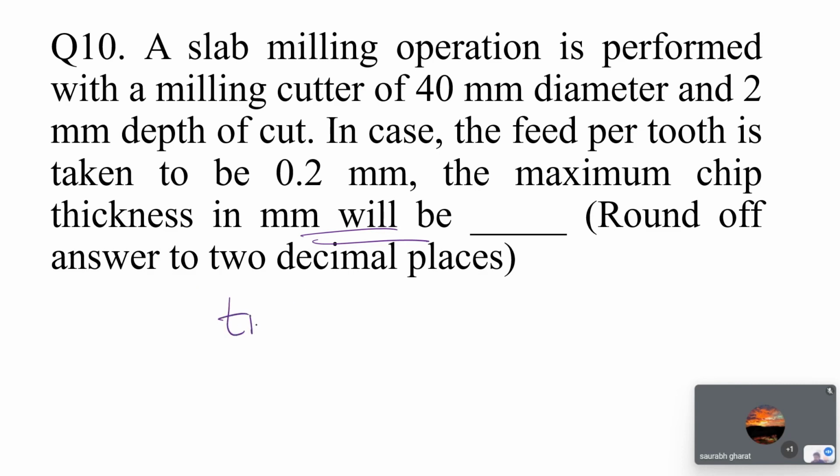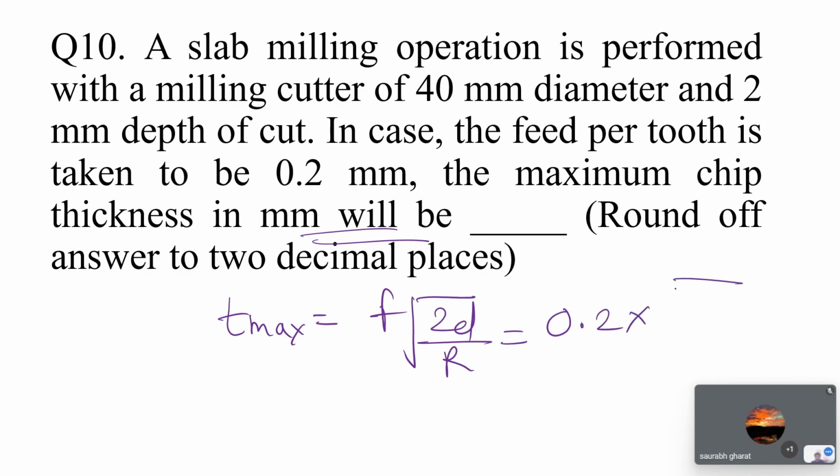T max is equal to F into the square root of D divided by R. You know F is given, 0.2, into the depth of cut, which is 2, divided by R, and with a diameter of 40, R is 20.